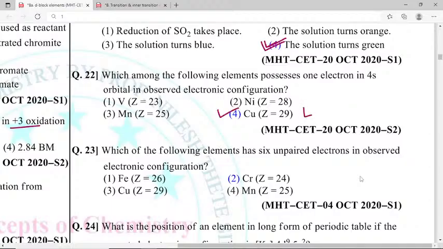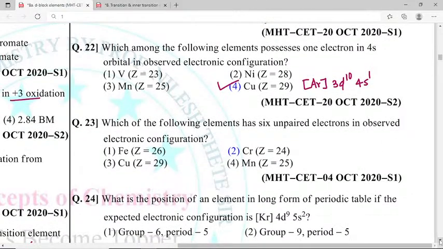Copper. Copper has the electronic configuration argon 3d10 4s1 due to full-filled stability. Copper, atomic number 29.